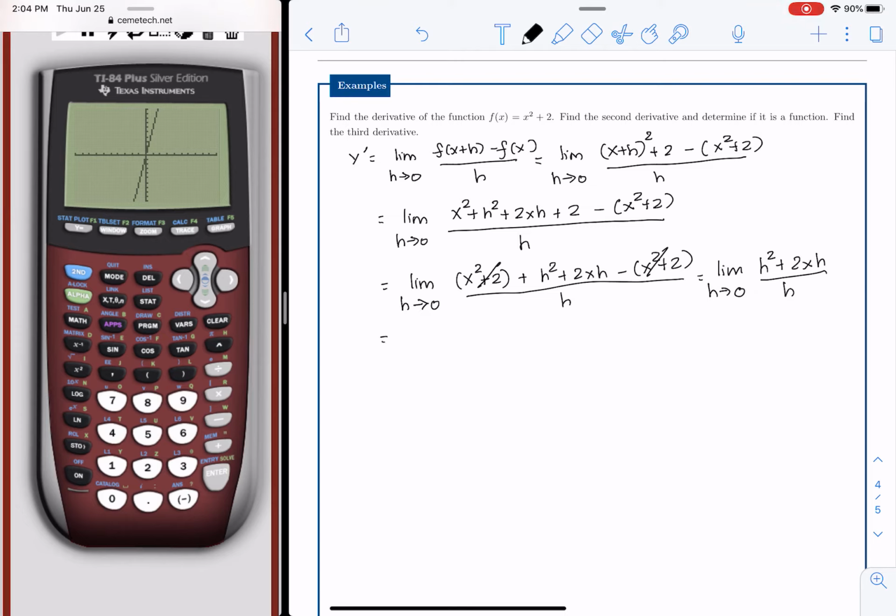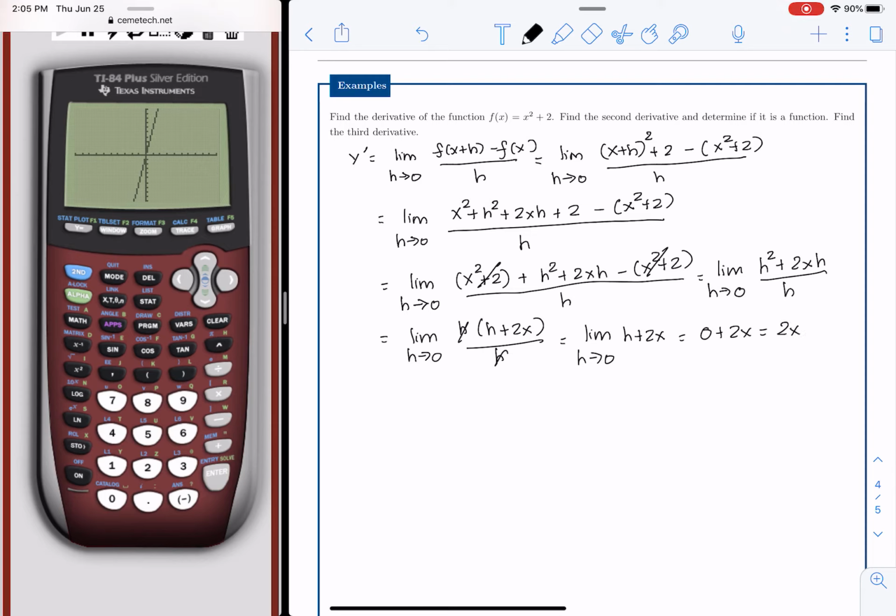There is an h in common, so if we pull that out, we have h plus 2x over h. Those two would get cancelled. Limit h approaches 0, h plus 2x. That would be 0 plus 2x. The answer is 2x.